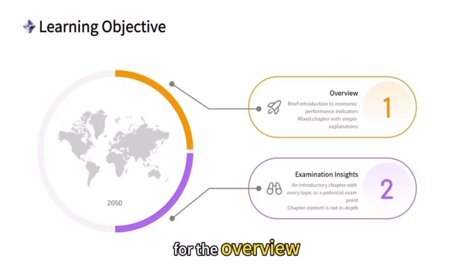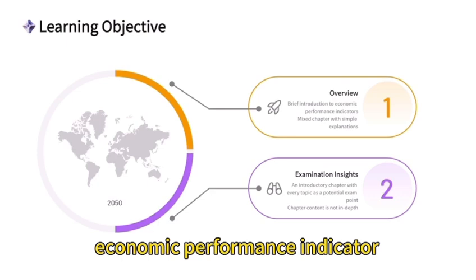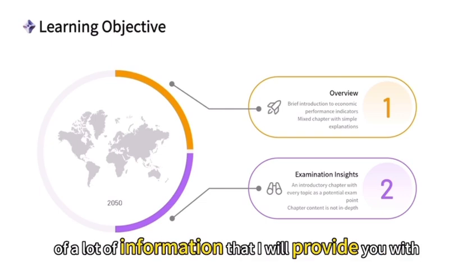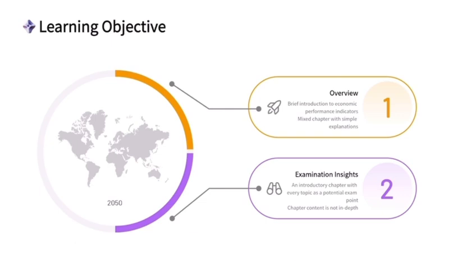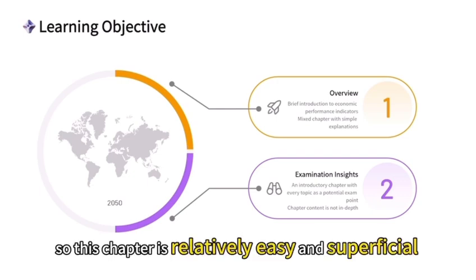So for the overview, the chapter is basically a brief introduction to the economic performance indicators. It's like a combined chapter of a lot of information that I will provide you with, but it only requires you to have some simple explanations. So this chapter is relatively easy and superficial.